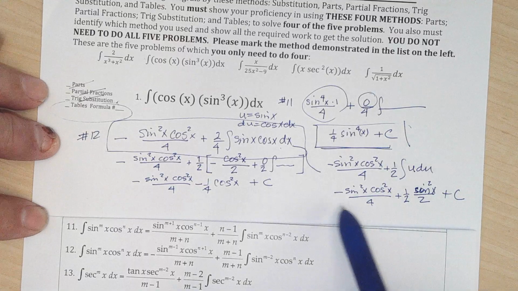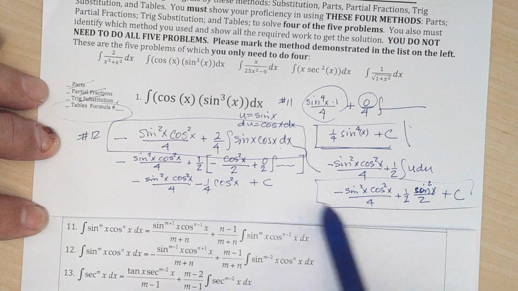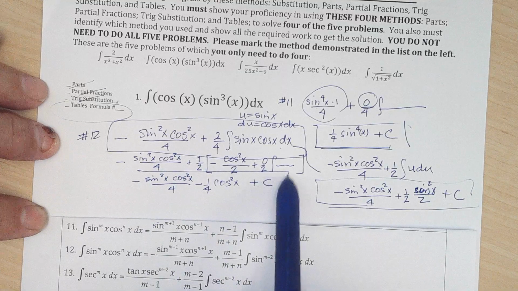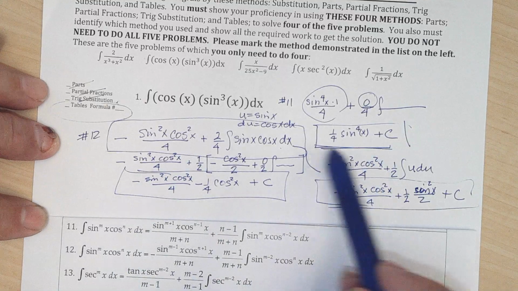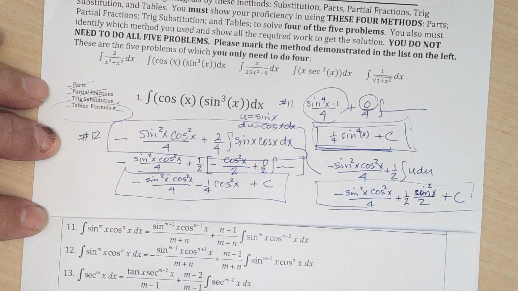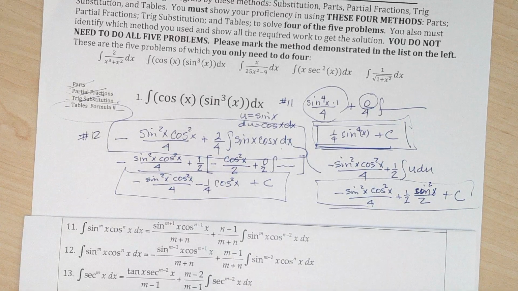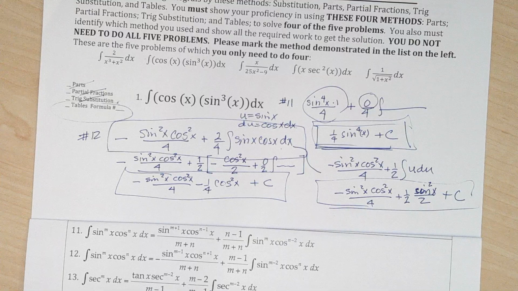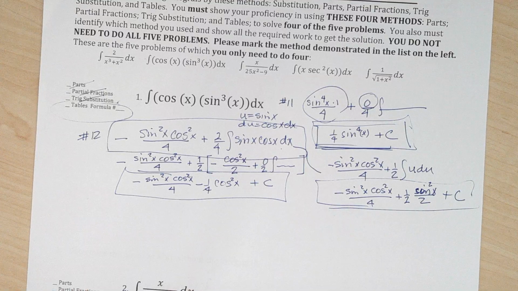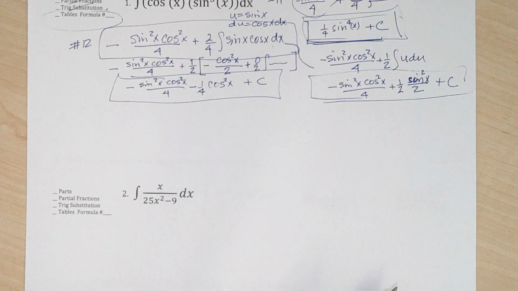And it can be shown that this answer is the same as this answer, which is the same as this answer, using trig identities. So, multiple ways to take that one, but that one was mostly a tables one. Might have been able to do it by parts, but it would be a pain.